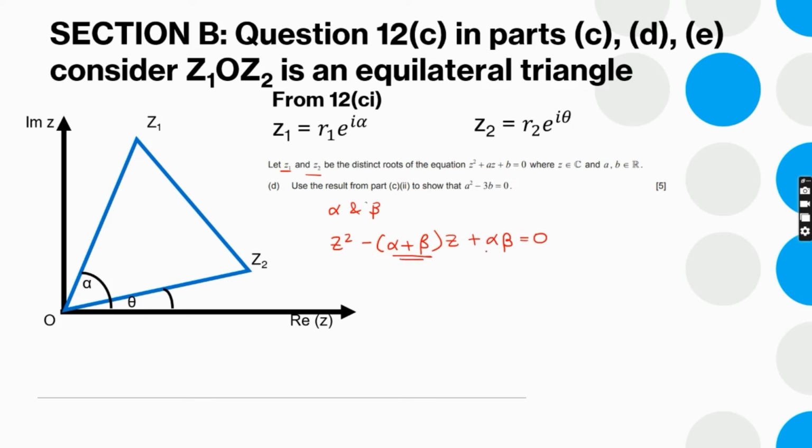So this is the sum of roots, and this is the product of roots. I'm going to make use of this concept, because right now your alpha and beta are represented by z1 and z2 respectively.